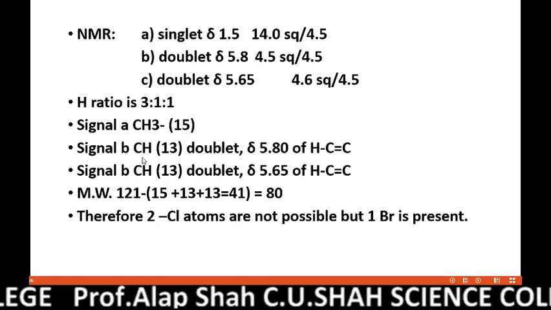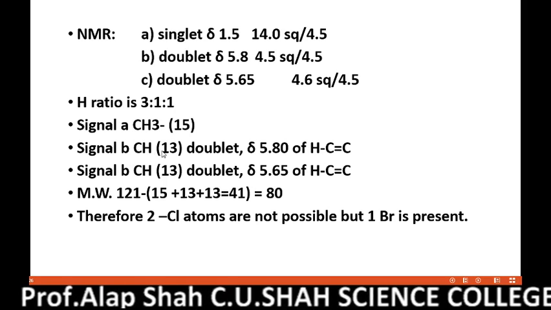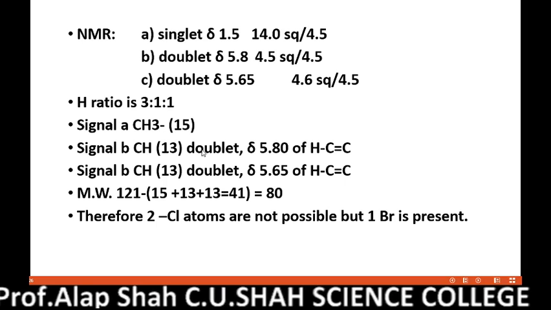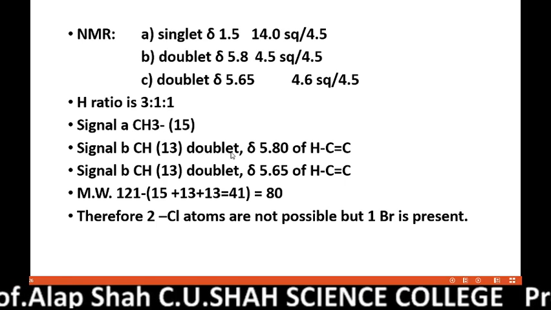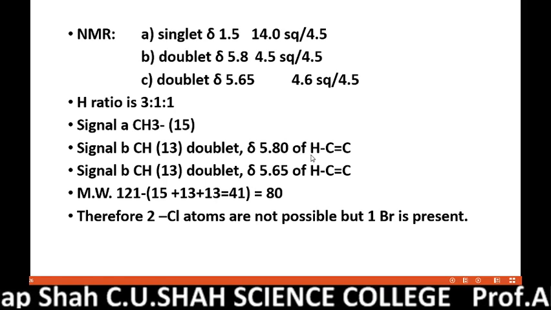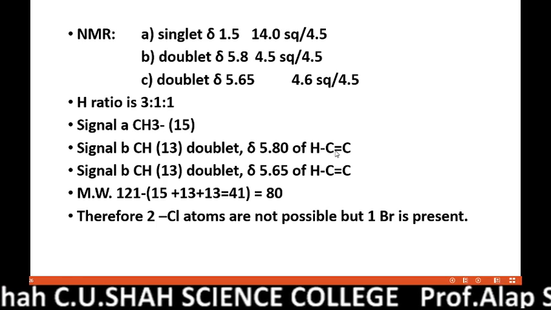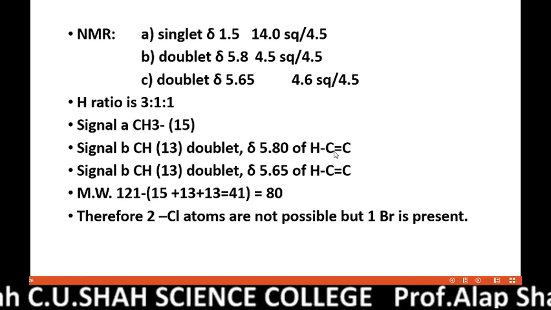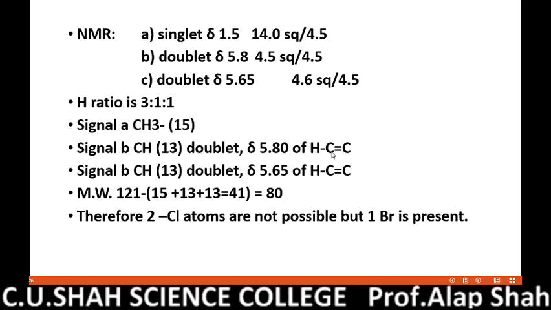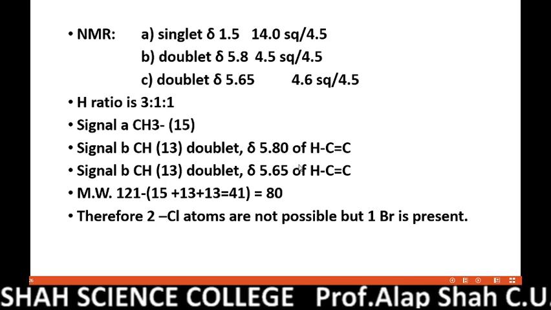Signal B, 1 proton, that's why CH, its weight is 13, and doublet, so there should be one neighboring proton. And 5.8 characteristic delta is of the proton which is attached to the double bonded carbon, and the stretching of alkene is also given in the data, so both support each other.